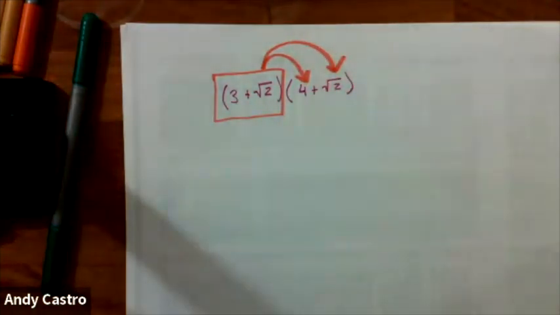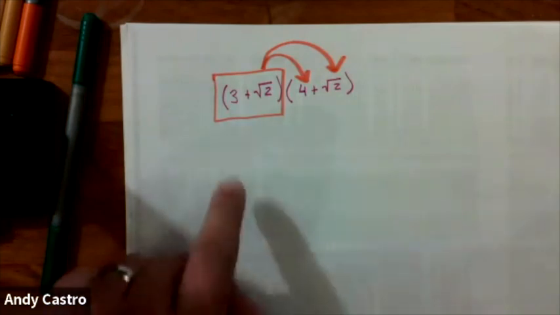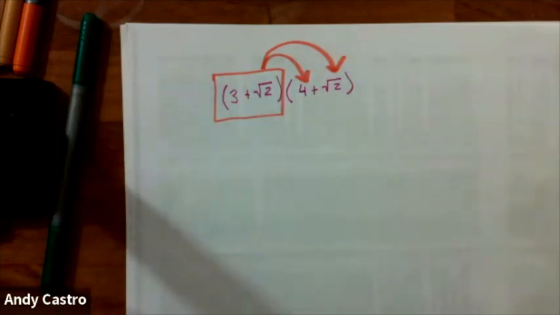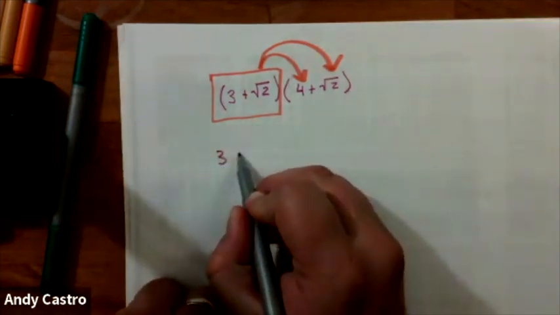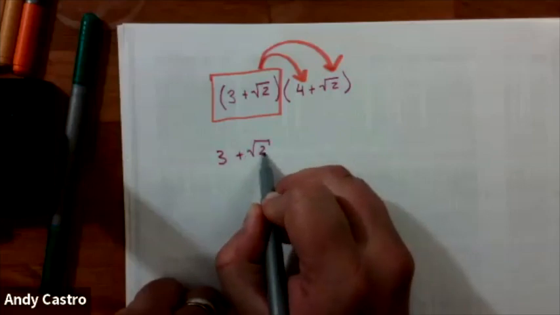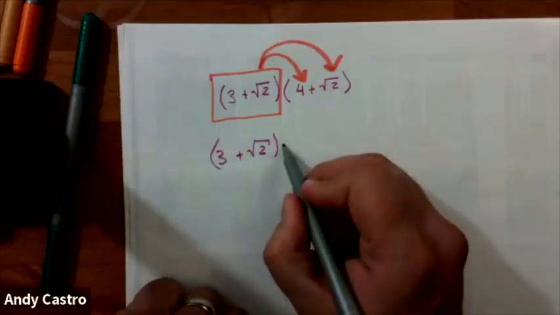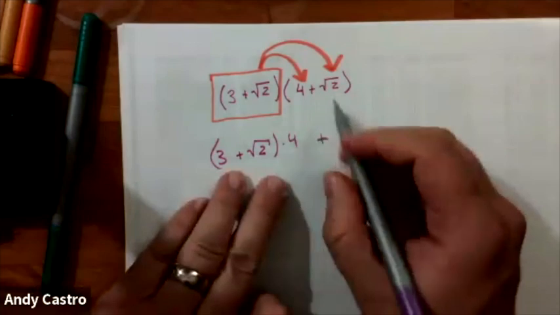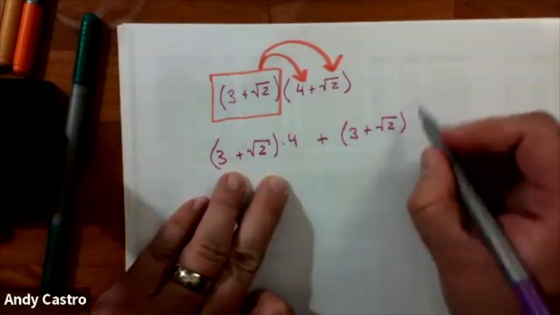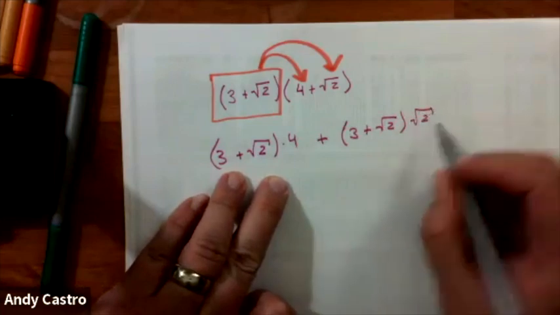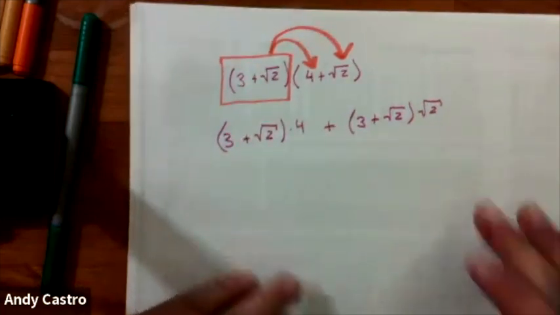And when we do that, we're going to have 3 plus root 2 multiplied by 4 plus 3 plus root 2 multiplied by root 2. Okay, that's what I've shown here.